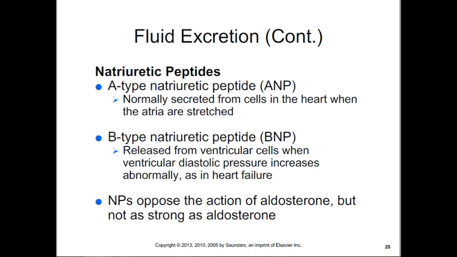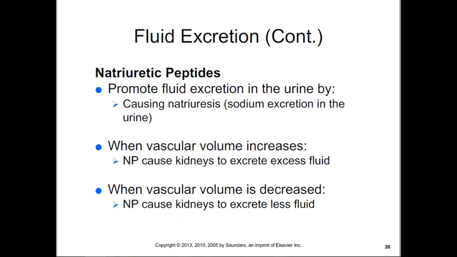So the natriuretic peptides, A and B type, oppose the action of aldosterone, but not as strongly. Aldosterone is very, very potent. They promote fluid excretion by causing natriuresis, which is sodium excretion in the urine.